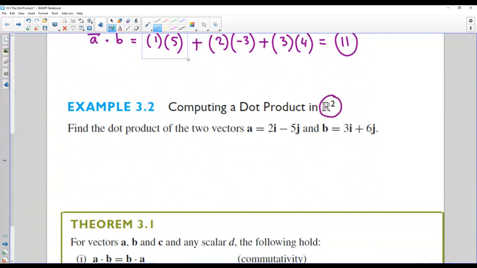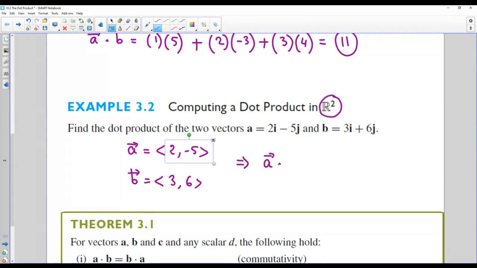In R2, so in the plane, of course, what is the vector A? It's maybe better to write it like this: 2, minus 5. And then you write B: B will be 3, 6. Then the dot product A dot B is going to be 2 times 3 plus minus 5 multiplied by 6.